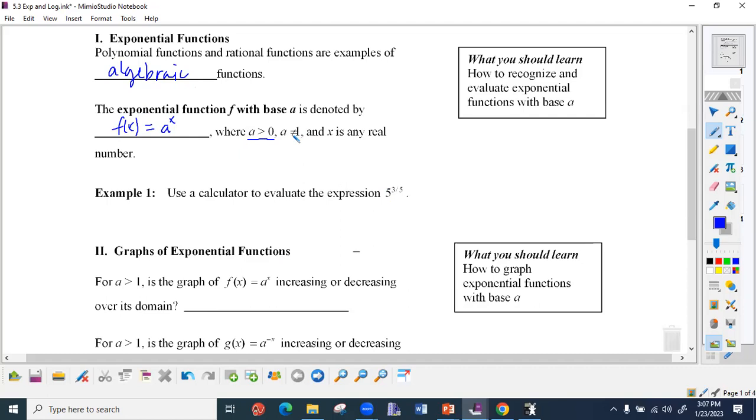Just getting you in the habit of using your calculator to calculate expressions, because this is something you can put in the calculator: 5 to the 3/5. Can someone tell me another way of writing 5 to the 3/5? Thinking back to Algebra 2, how else could this rational exponent be written?